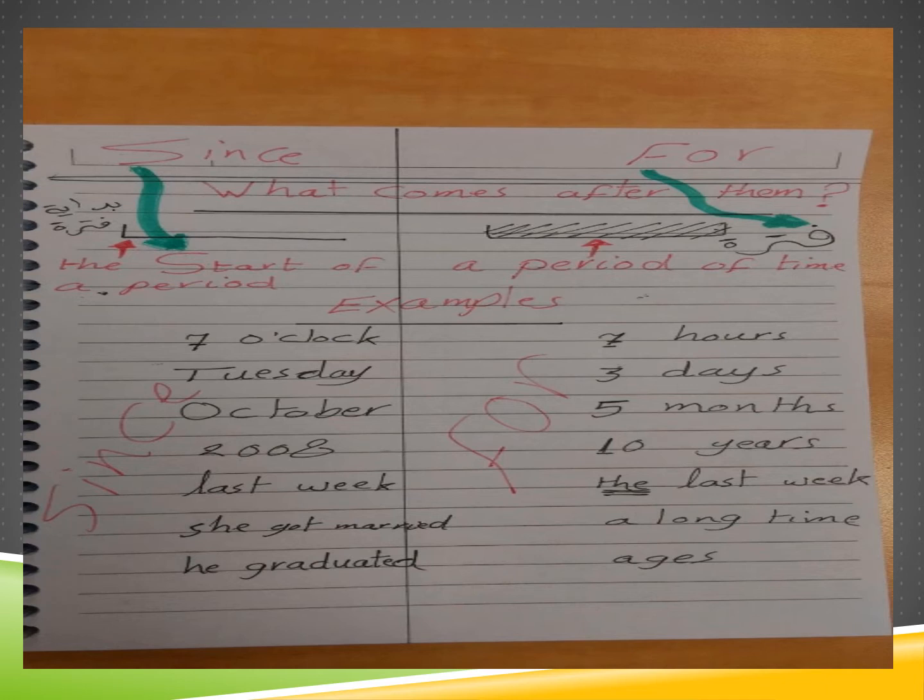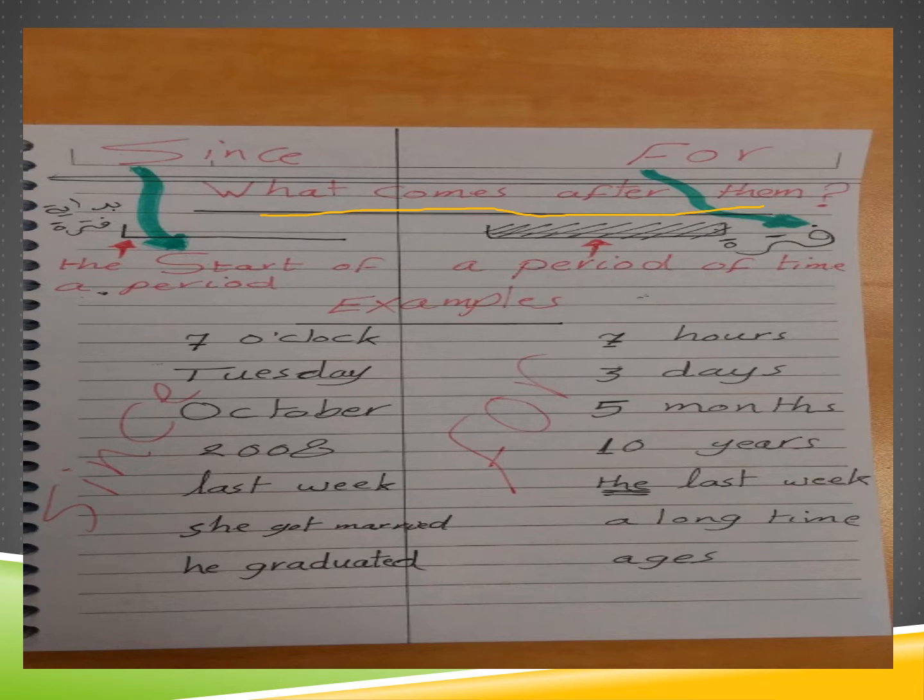But I want you to differentiate between since and for, because they usually are in the exams to choose. You are asked to choose whether since or for, and it's according to what comes after them. So whenever you have since and for and you think which one to choose, look after them.